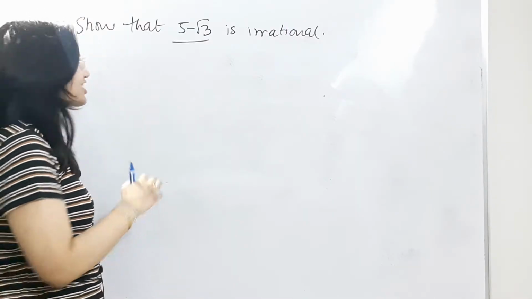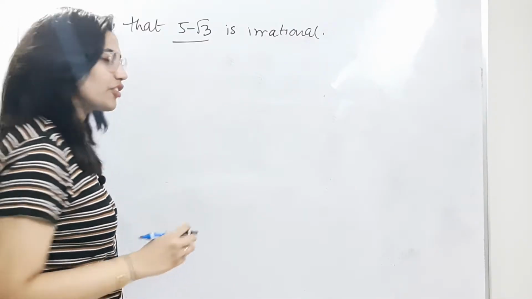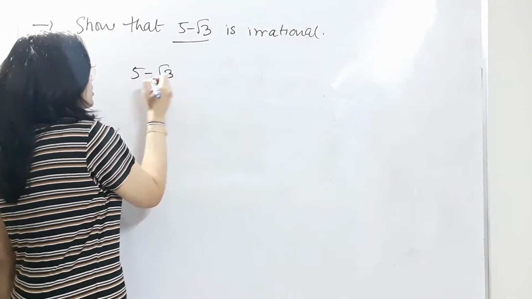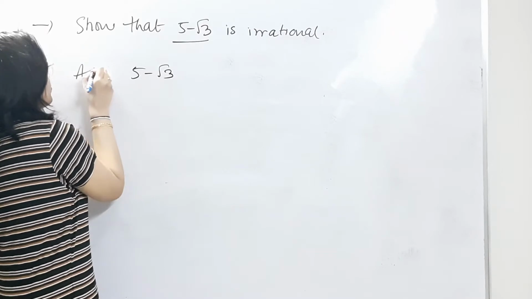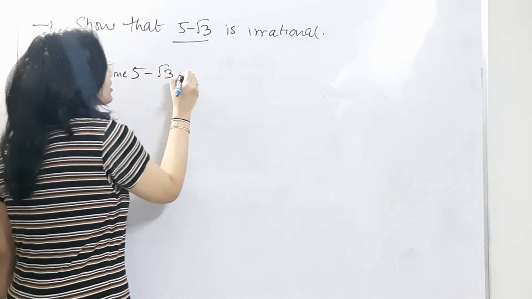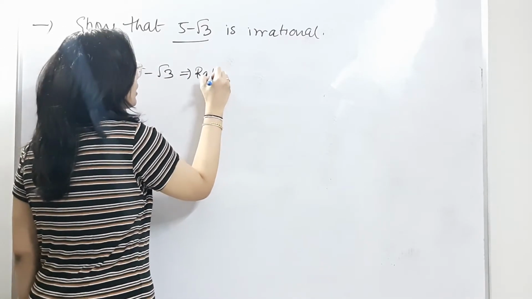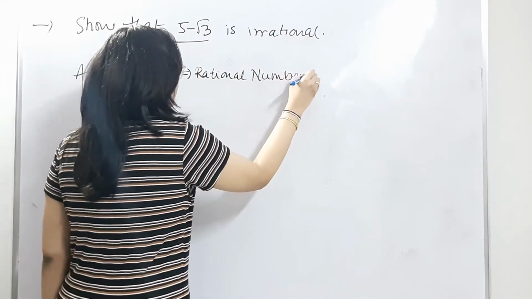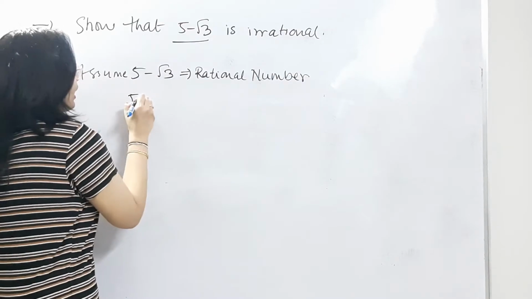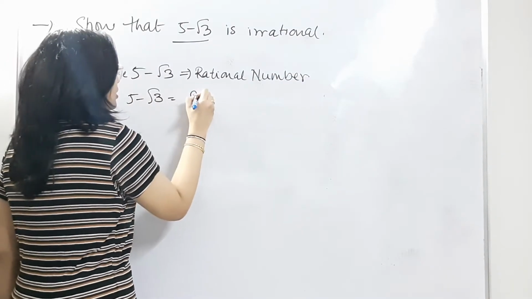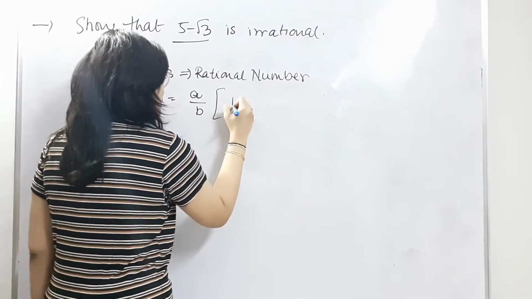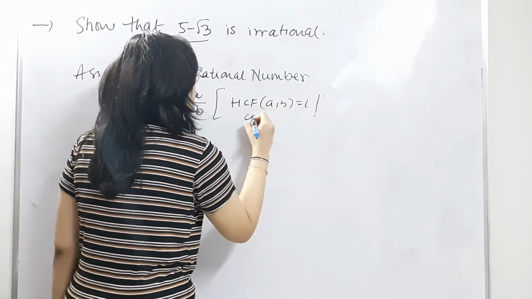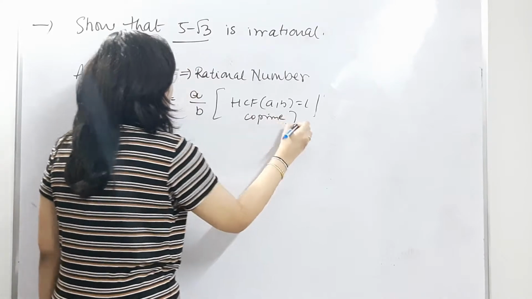Now the next question is, show that 5 minus root 3 is irrational. So using the method of contradiction, can we not say, assume that 5 minus root 3 is a rational number? And you know for a fact that a rational number can be written in the form of a by b, where the HCF of a comma b is 1, or they are co-prime numbers.